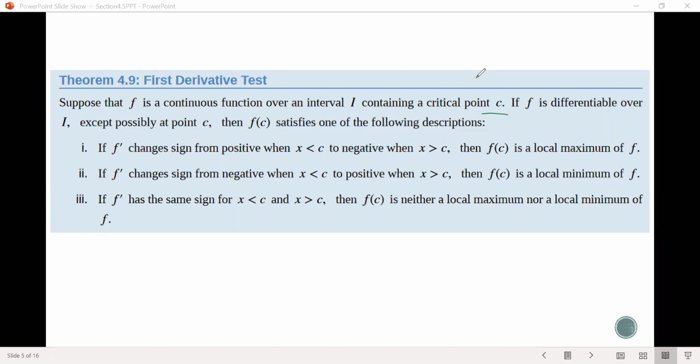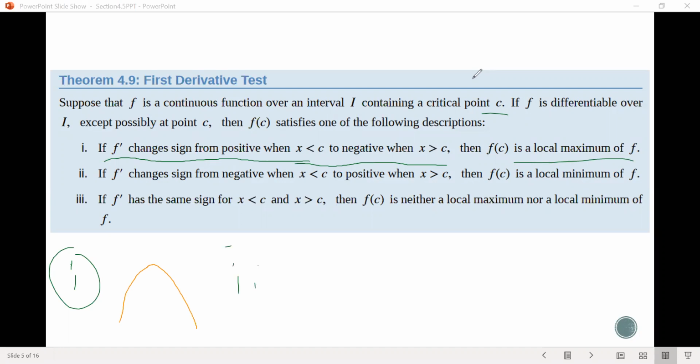So if the derivative changes sign from positive when the value of x is less than c, to negative when the input values are bigger than c, that would be the example for number 1 where we're going from positive, which means we're increasing, to negative, to decreasing. Well, that's where we get a local max in the function.